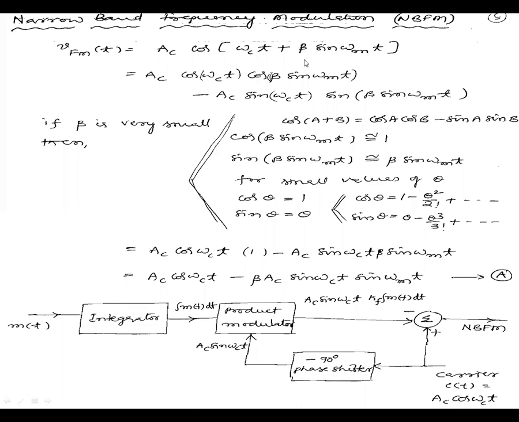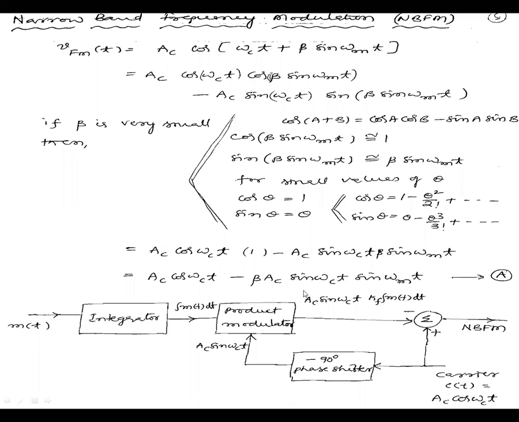Beta is delta f by fm, where delta f is the frequency deviation and fm is the modulating signal frequency. So beta is delta f by fm, the modulation index.